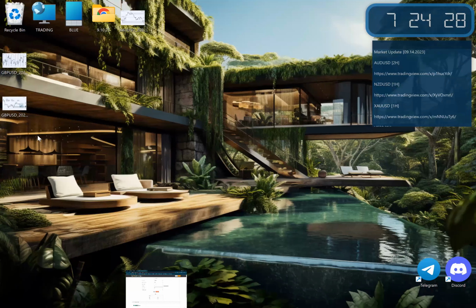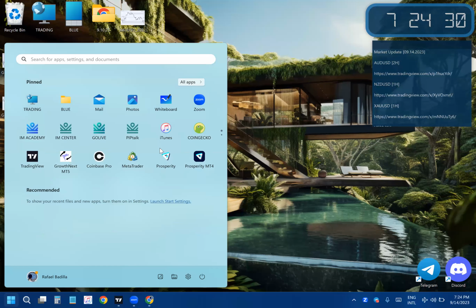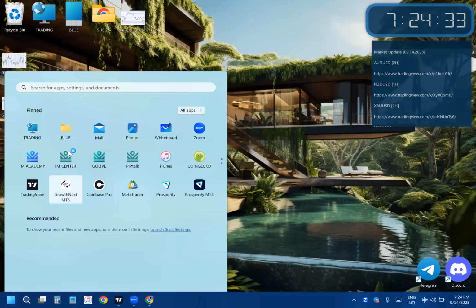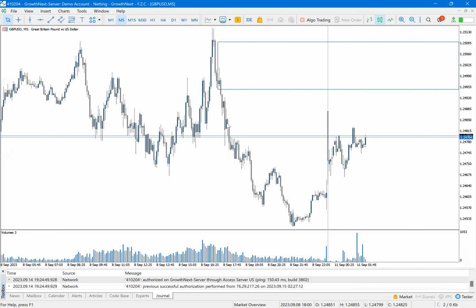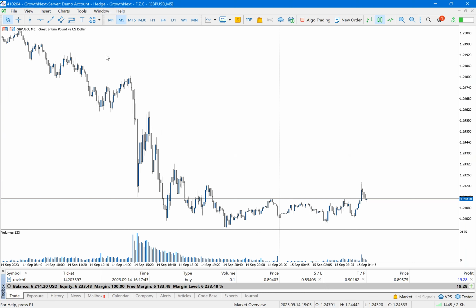MT4, MT5. Let me see. I think I have my MT5 on here. See if it's not too slow so I can show you guys an example of how you set an order. I know most of you guys are trading on your phone. Well, let's see if we can get this to pull up here real quick. All right, bet.